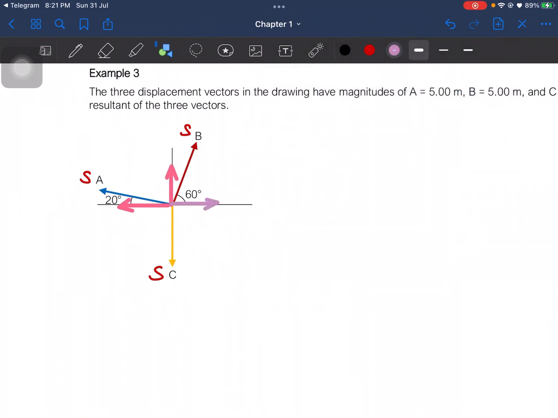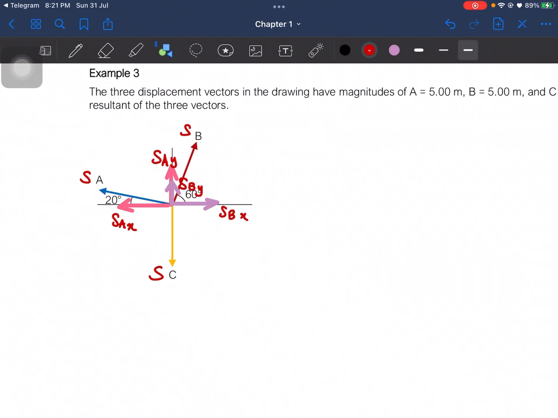This is SA for the x component. This is displacement A at the y component. This is for B y component. This is for B at the x component. For displacement C, there is no x component because it lies on the y axis.